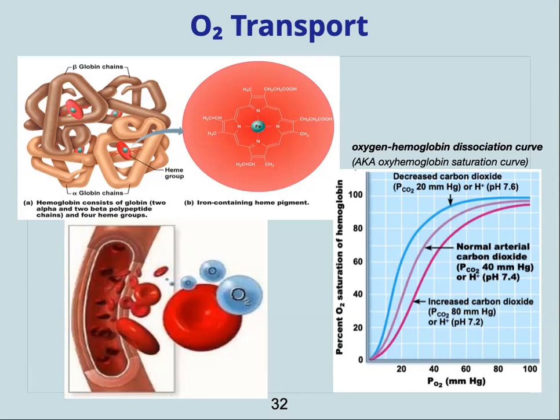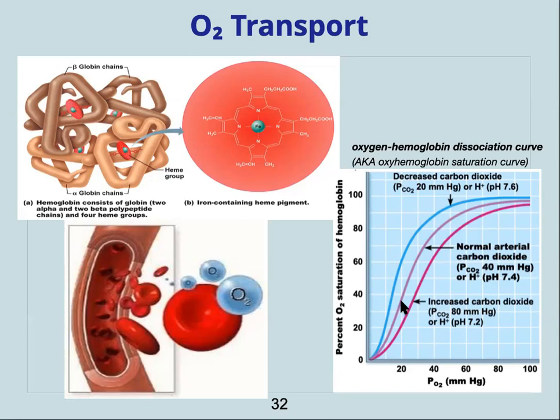Okay. And when your tissues now demand more oxygen, such as when you start to exercise, that partial pressure of oxygen can fall to 20 millimeters of mercury. And you can see the hemoglobin saturation now falls to about 35.